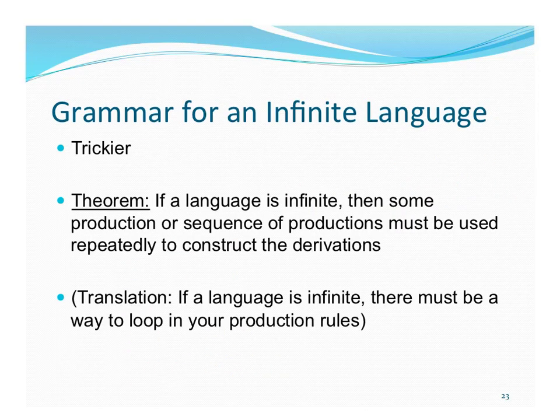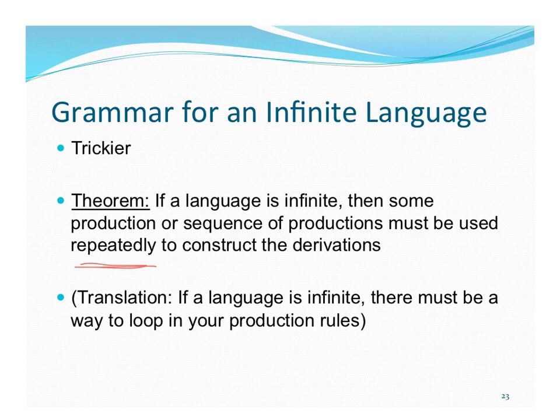Of course, it's trickier when you get to an infinite language. There's a theorem that says if a language is infinite, then some production or sequence of productions must be used repeatedly to construct the derivations, right? What does that mean? If your language is infinite, there has to be some loop in your production rules.